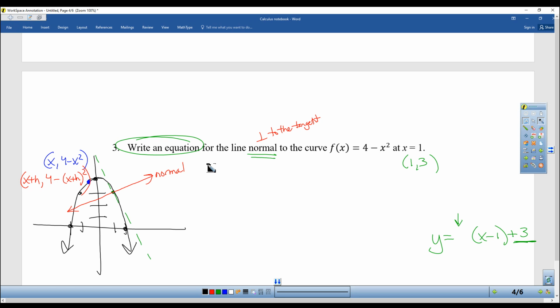You need to expand that and then do the limit as h approaches 0 of 4 minus x plus h squared minus 4 minus x squared, all over x plus h minus x.